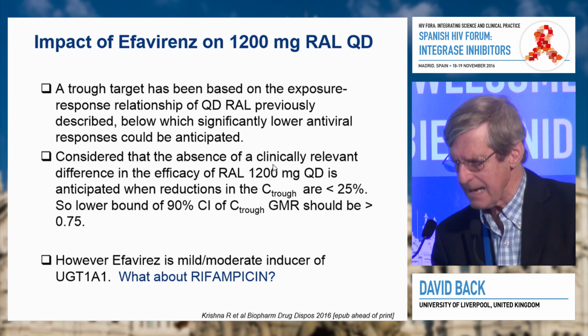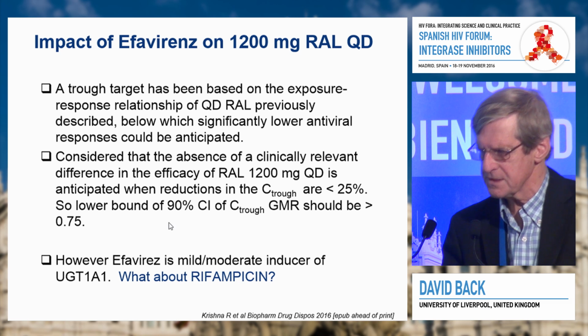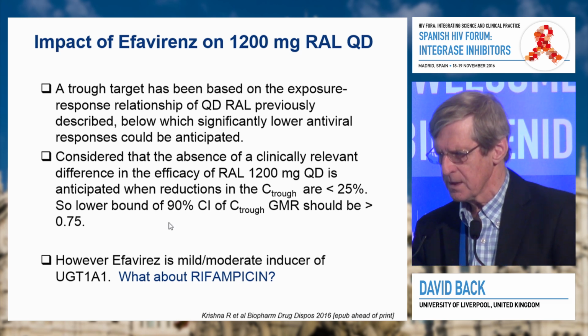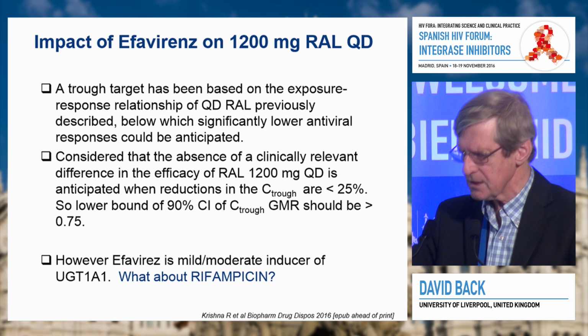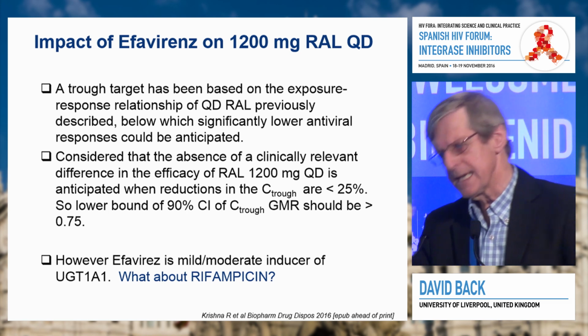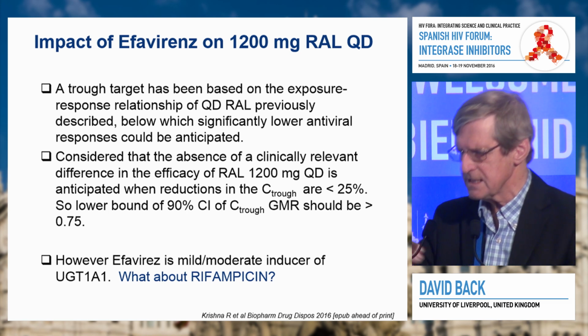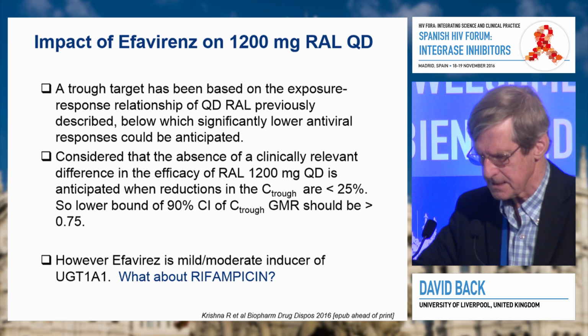So consider that the absence of a clinically relevant difference in the efficacy of once daily is anticipated when the reduction in the trough is less than 25%. So you need to be thinking about this 25%.